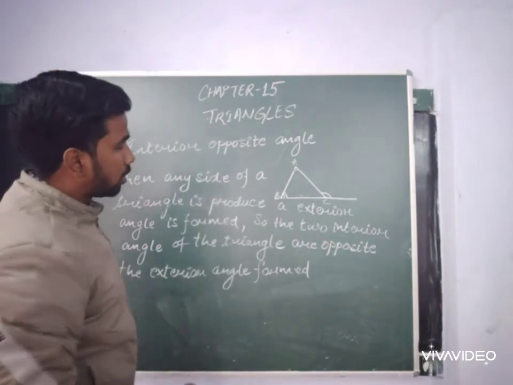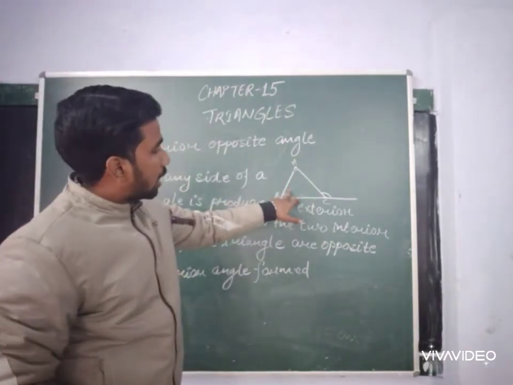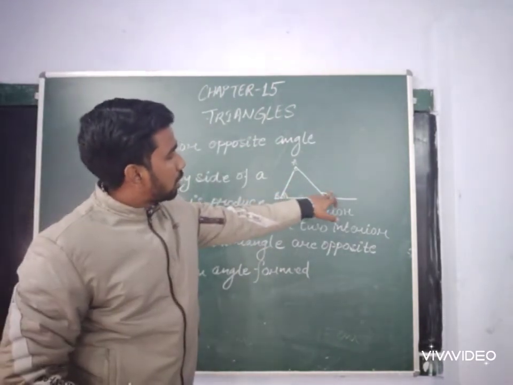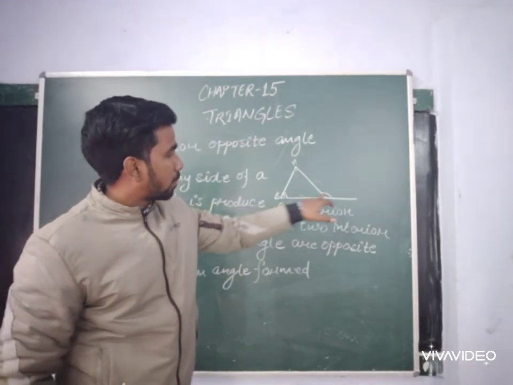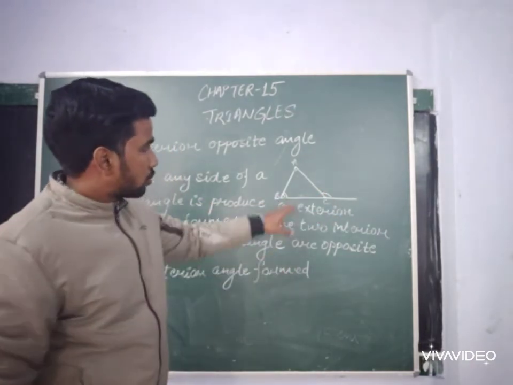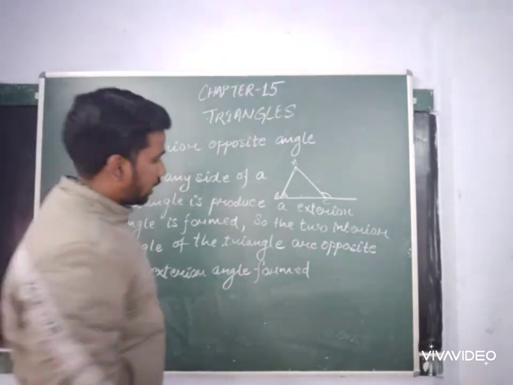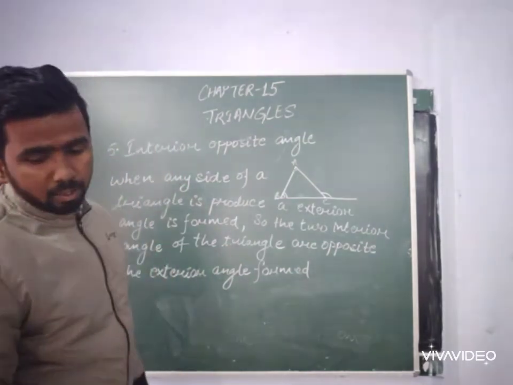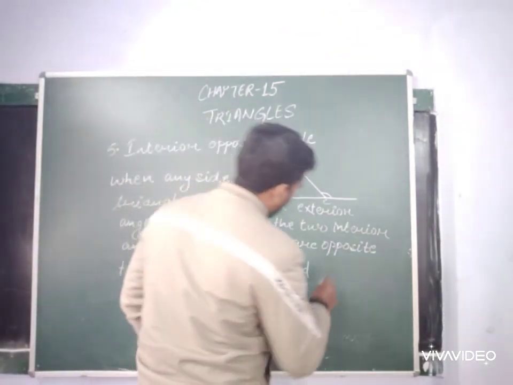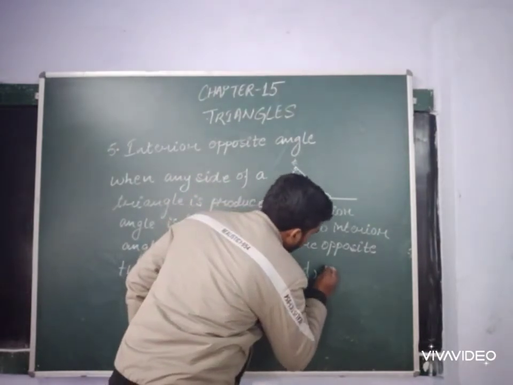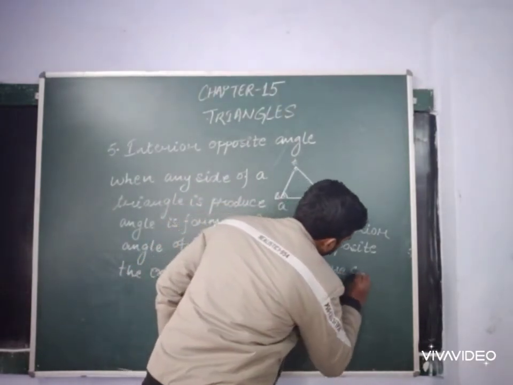The two interior angles are opposite to the exterior angle which is forming by producing this line. So they are called interior opposite angles. Okay? Understood?